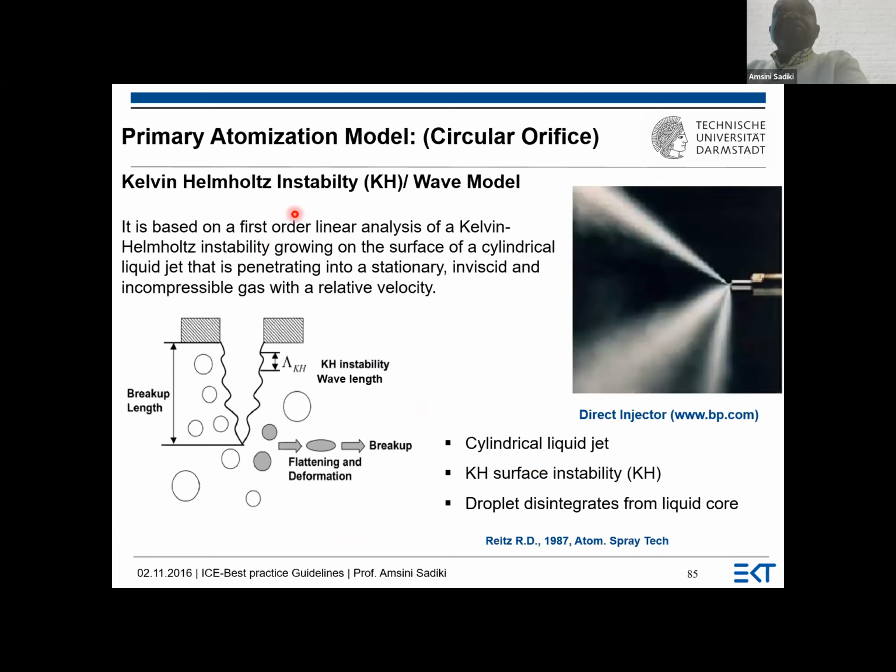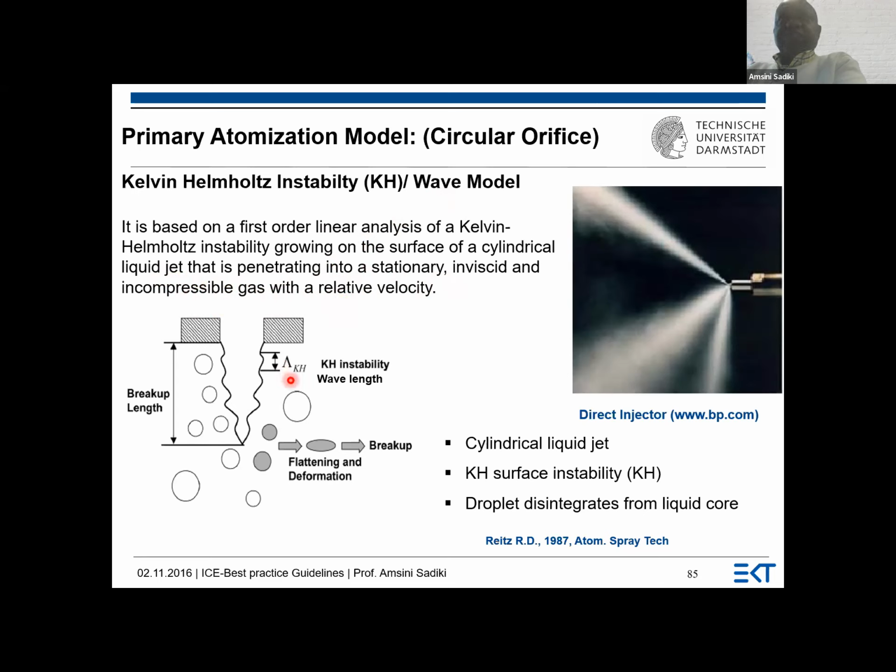The other model is the Kelvin-Helmholtz instability model. We also call it the wave model. It is based on a first order linear analysis of Kelvin-Helmholtz instability on the surface of a cylindrical liquid jet that penetrates a stationary, inviscid and compressible gas with a relative velocity. There we have 3 parameters.